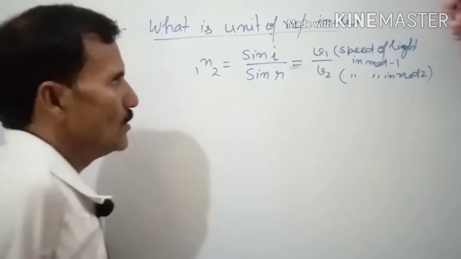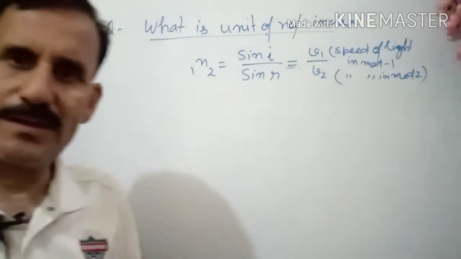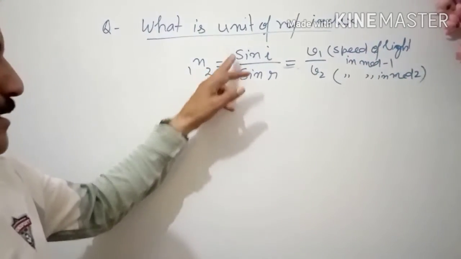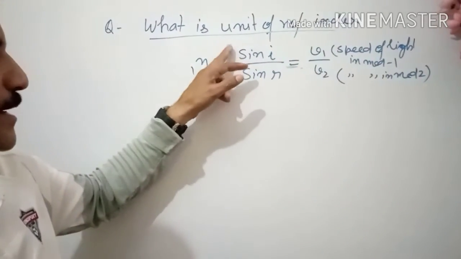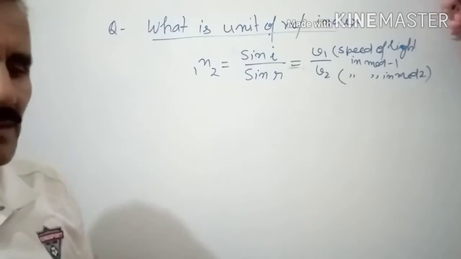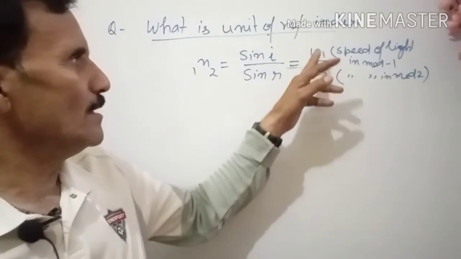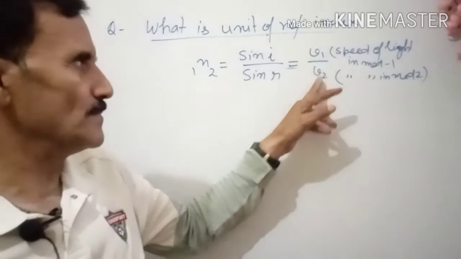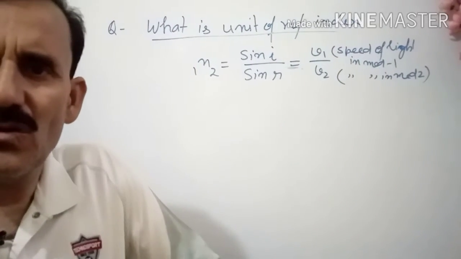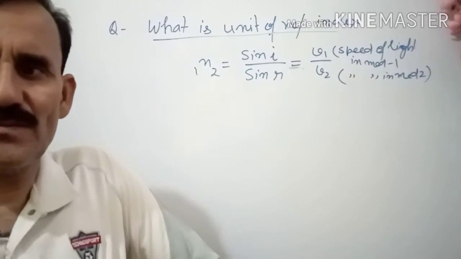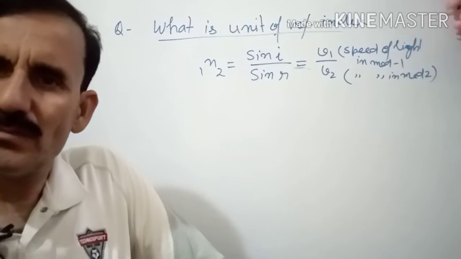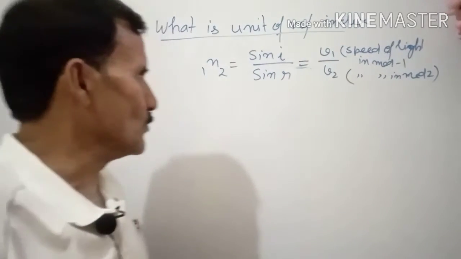So here also you are getting a ratio, and in the numerator and denominator both are the same quantities, here angles and here velocities. So the unit will be 1, meaning there is no unit.